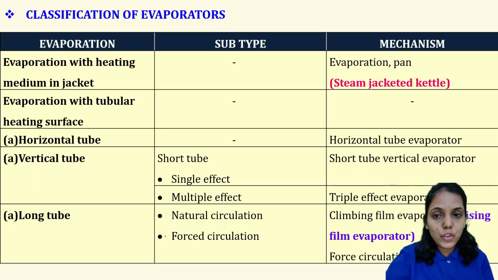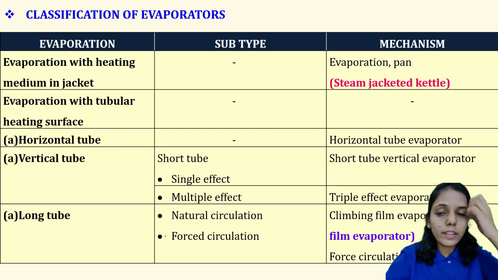Now, classification of evaporators. There are different instruments or equipments which are used. First, evaporation with heating medium in the jacket: the evaporating pan, and steam jacketed kettles. Then evaporation with tubular heating surface, where tube-like structures will be present. Horizontal tube evaporators will be there.